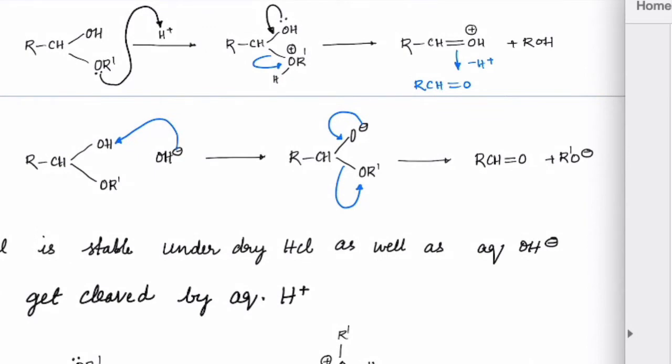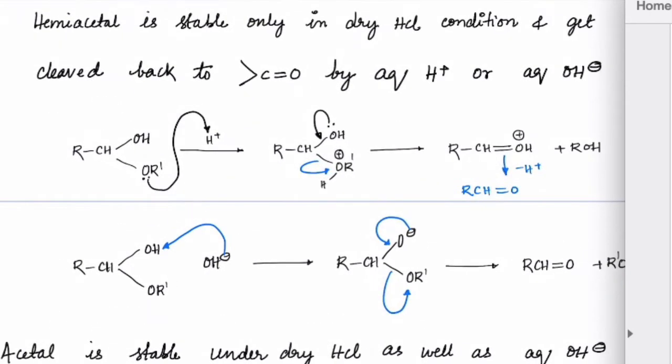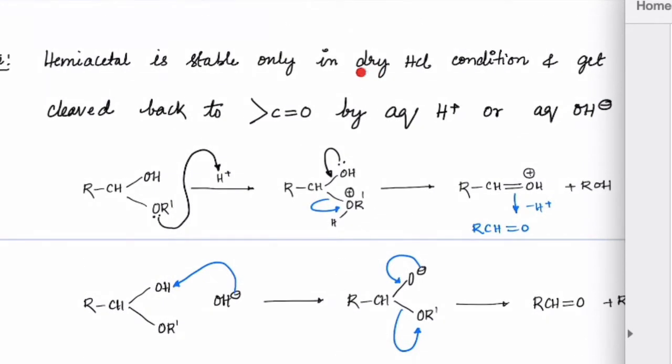So we will get RH C double bond O, R dash O minus will come out, and this on hydrolysis further we will get R dash OH. That's how the workup will be. What we have learned is that hemiacetals are unstable even in aqueous H plus or aqueous OH minus solution. They are only stable in dry HCl conditions.